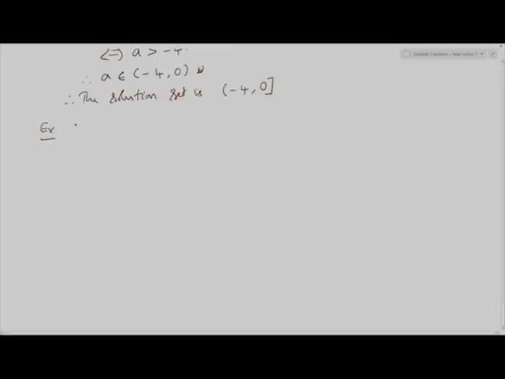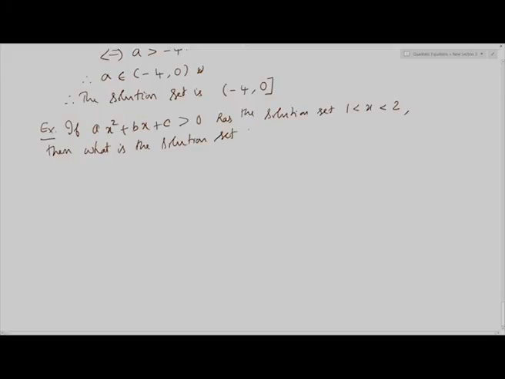It is given that if a x square plus b x plus c greater than 0 has as the solution set 1 less than x less than 2, so this inequality is satisfied only on this open interval (1, 2), then what is the solution set of some related inequality, namely c x square plus b x plus a?